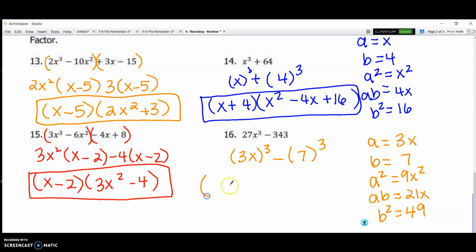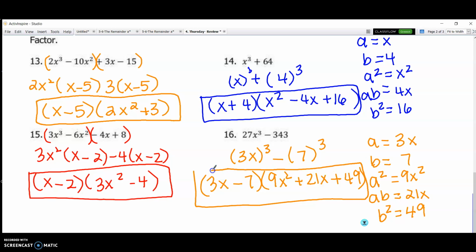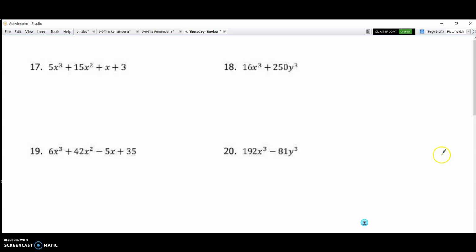Use SOAP. 3x, 7, 9x squared, 21x, and 49. So same, opposite, always positive. There we go. Okay, last page.